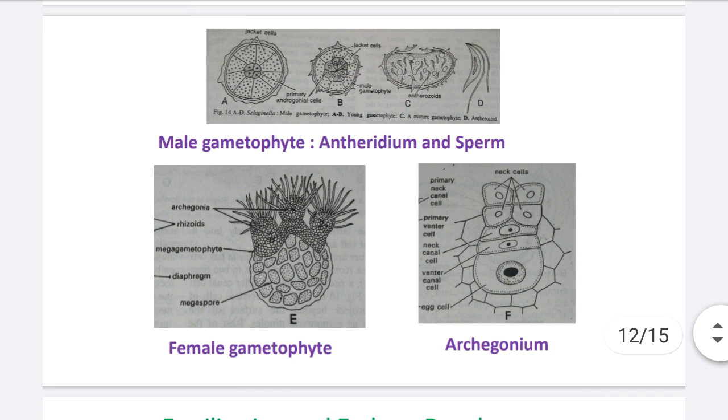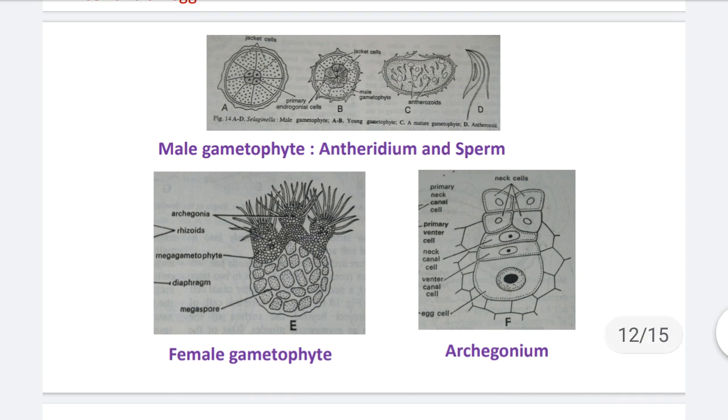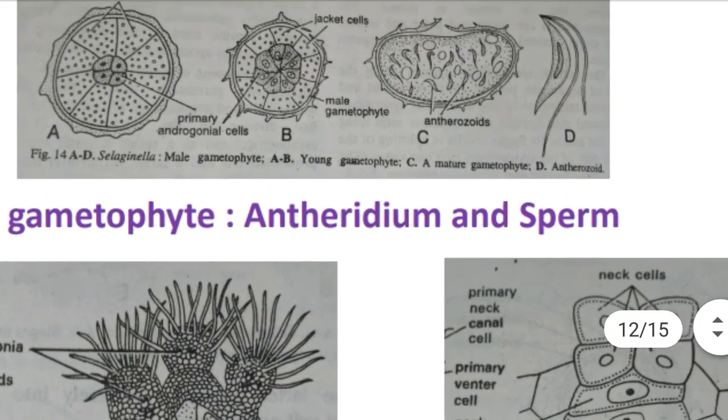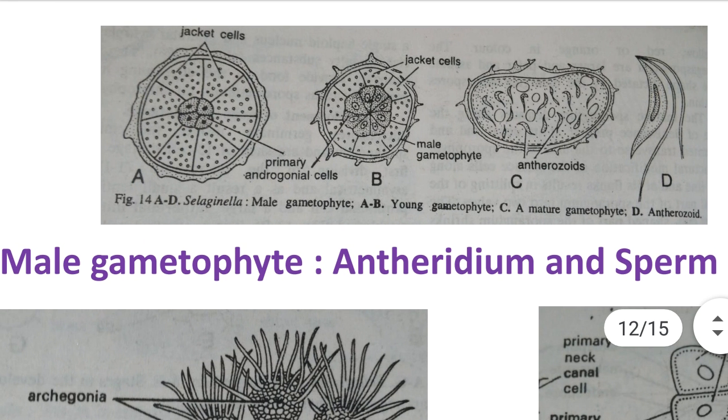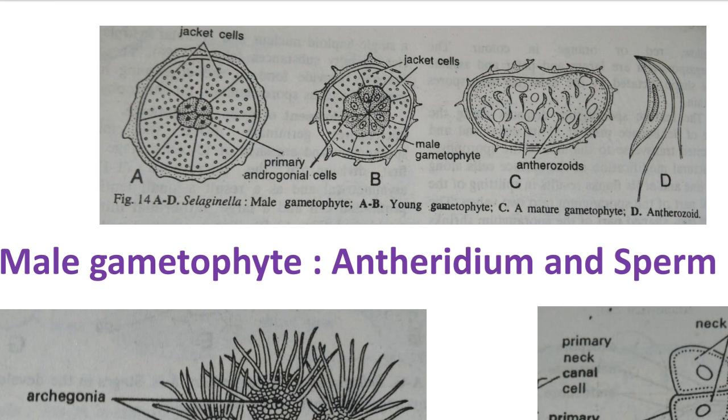Now see in these photographs, the first diagram shows the male gametophyte, antheridium, and the sperm. A and B show the young gametophyte, and C is the mature gametophyte having 128 to 256 cells, and D is the antherozoid or sperm.